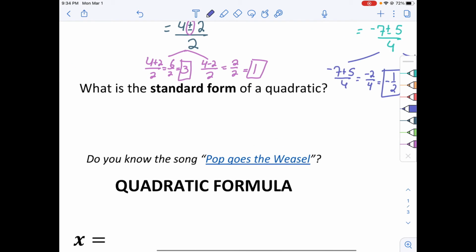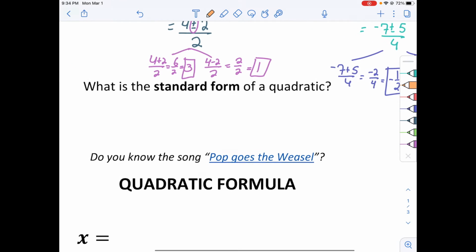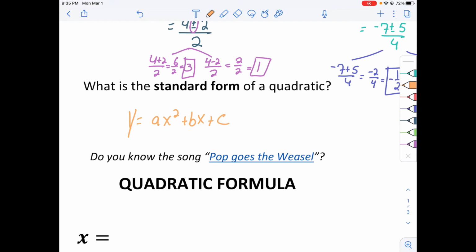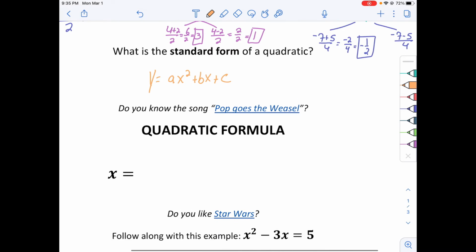So next question here, what is the standard form of a quadratic? Well, if you don't remember, it's y equals ax squared plus bx plus c. So why is that important for today? The quadratic formula, which is what we're about to write down, actually comes from standard form quadratics.